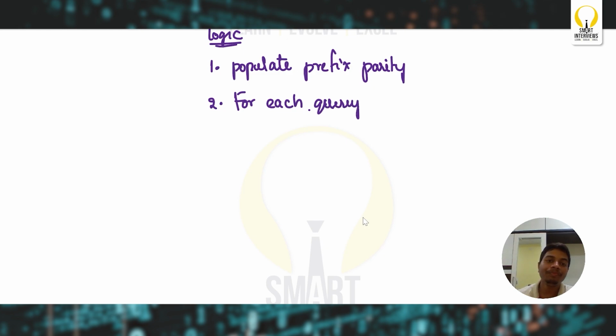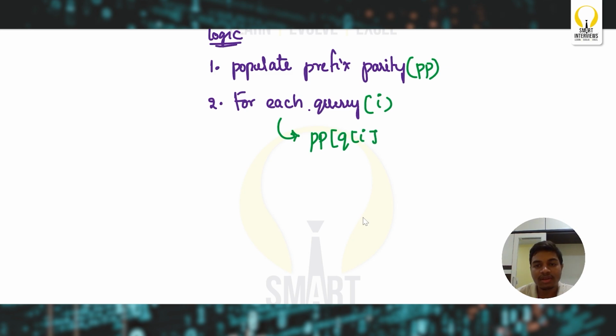What we're supposed to do? We're supposed to get prefix parity. Let us say this is pp, prefix parity of q, the ith query, qi of 1 minus prefix parity of qi of 0.